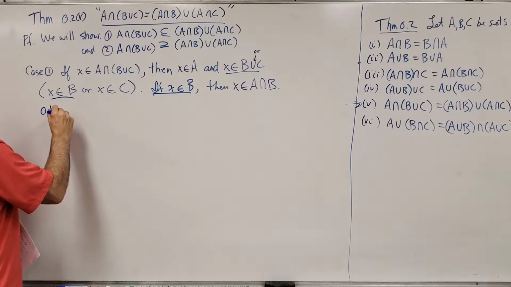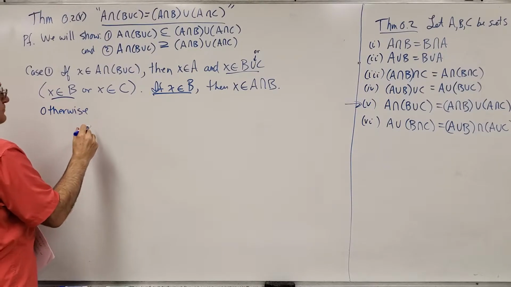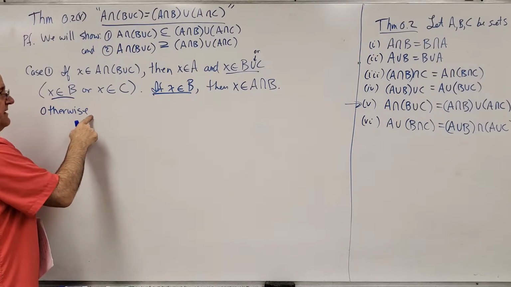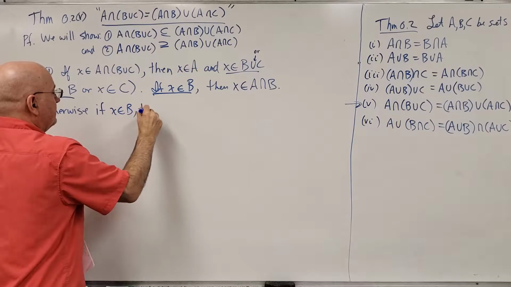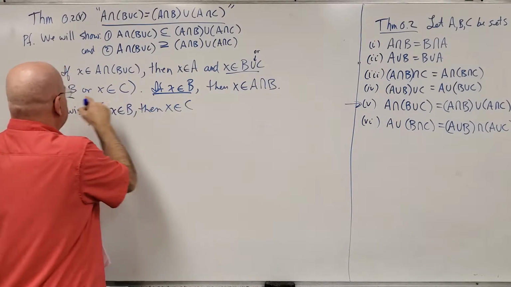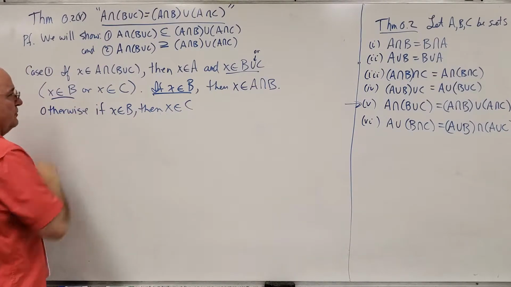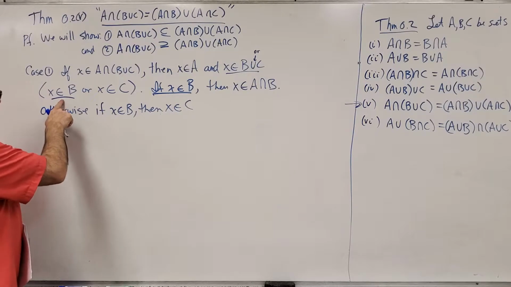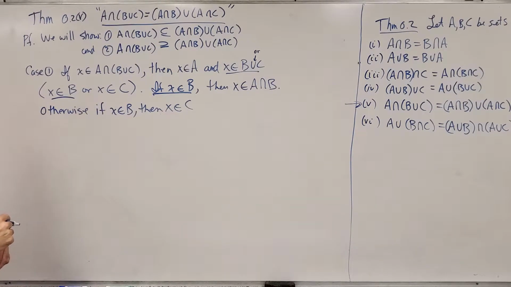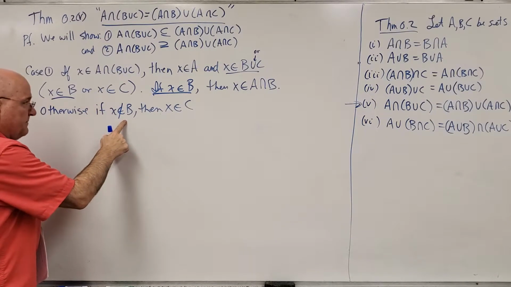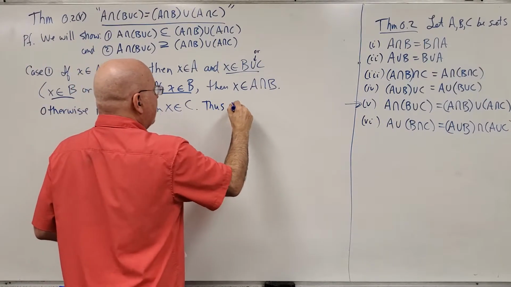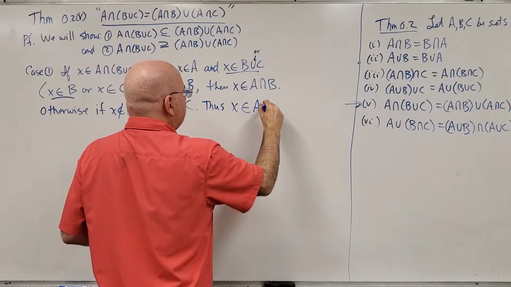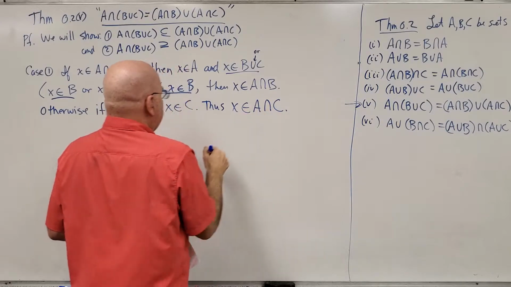Otherwise, and I could say if X is not in B, and maybe I will. If X is not in B, then X is an element of C, because that's this. One of these has to be true, one or both of them. So if this part is false, that part is true. So if X is not in B, then X is in C. Thus, X is in A intersect C. That means "and."